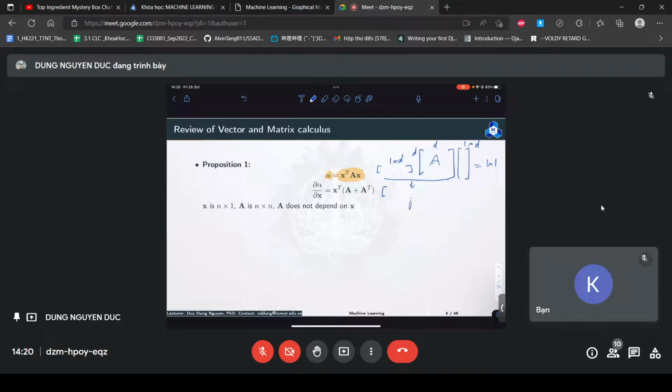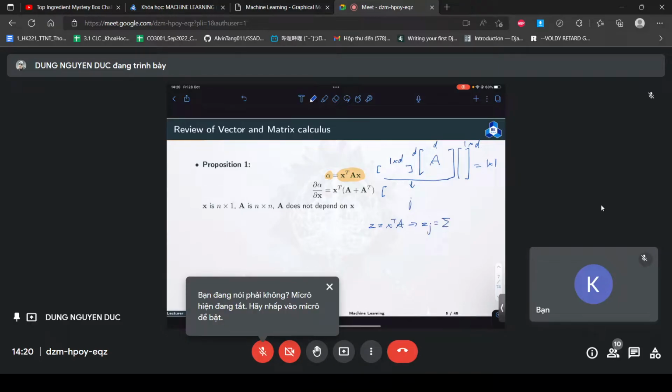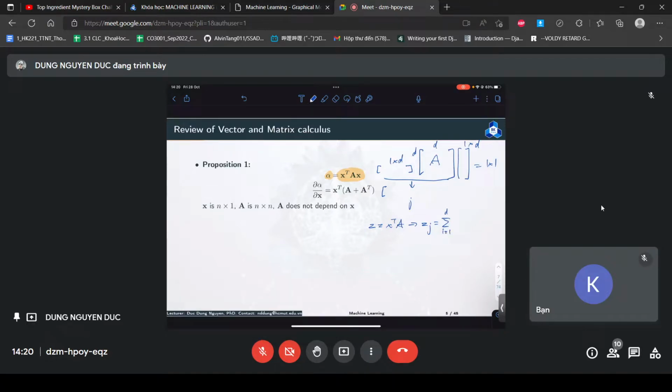Let z equal x transpose A, which gives z_j equal to the sum over i from 1 to d of x_i and A with row i and column j.